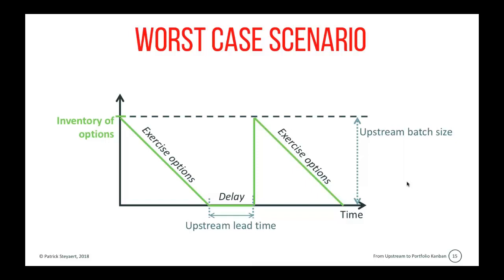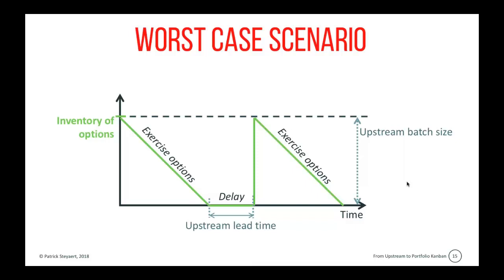Typically, organizations that work with big projects experience this problem the most. But even organizations that have a fairly agile way of working might still experience this problem, where inventory becomes depleted and the downstream work team is starved from work.